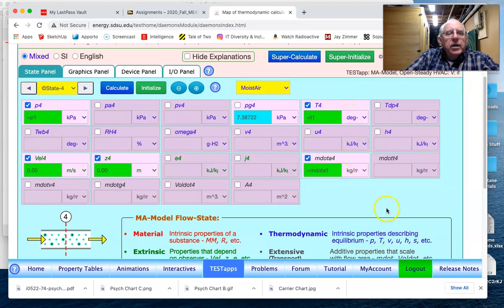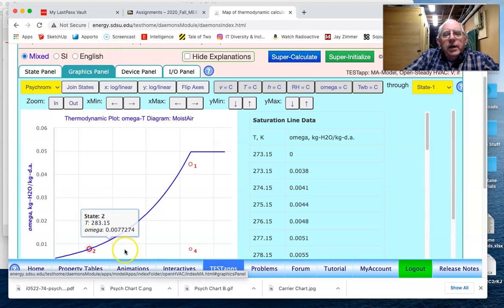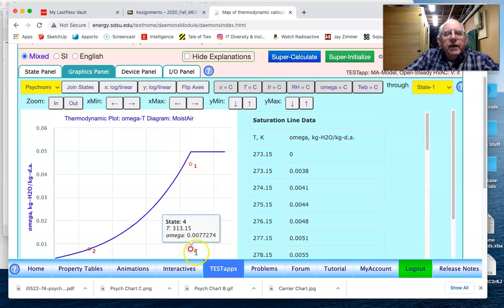And what else I know is that my final mass of vapor is equal to m dot vapor 2. And so I've come down to the new value of the humidity ratio, a new amount of the omega. And so upon doing that, then I have this state 4. And that state 4 is right there.